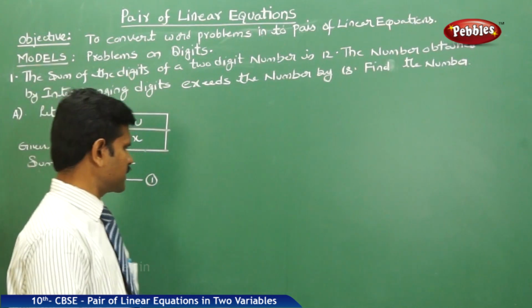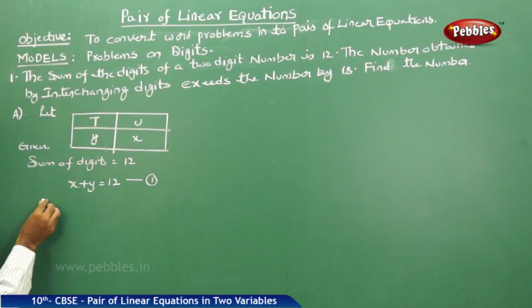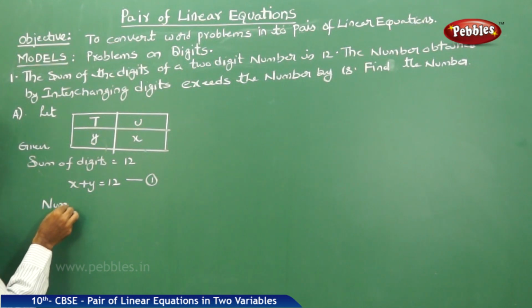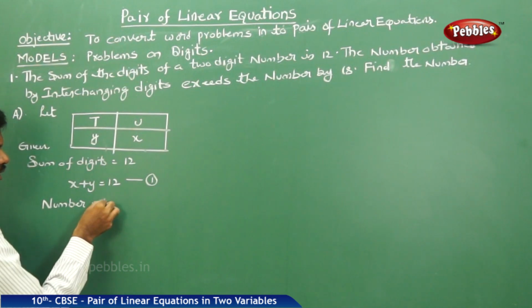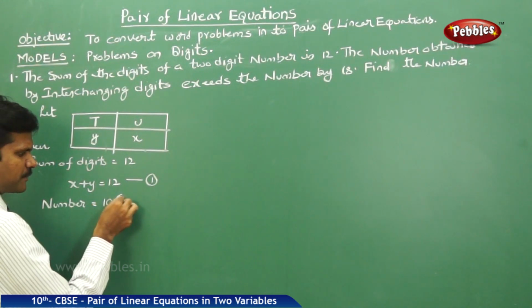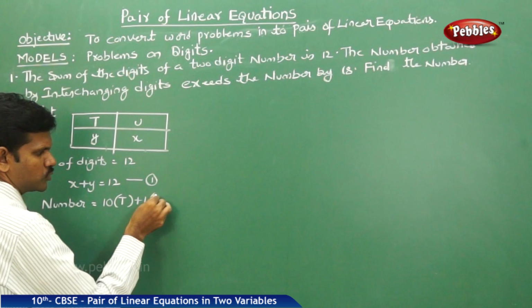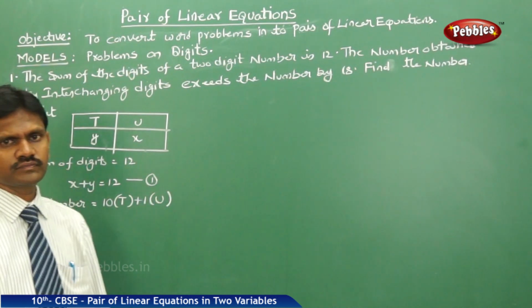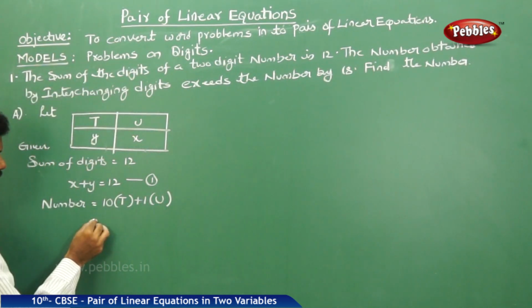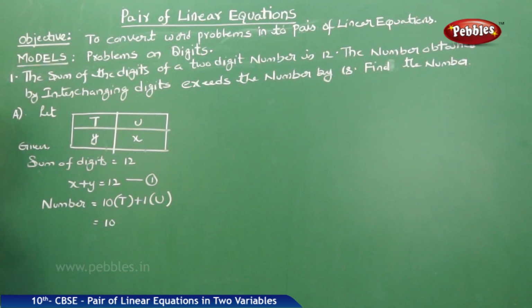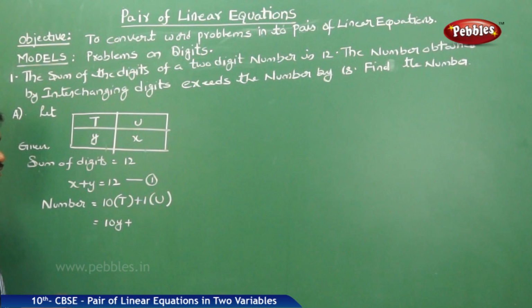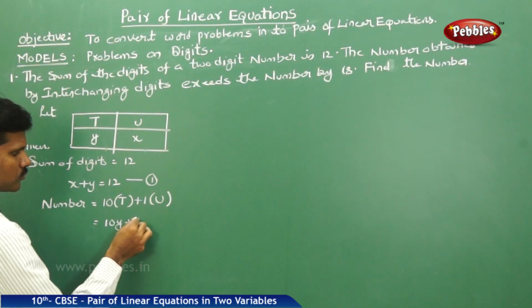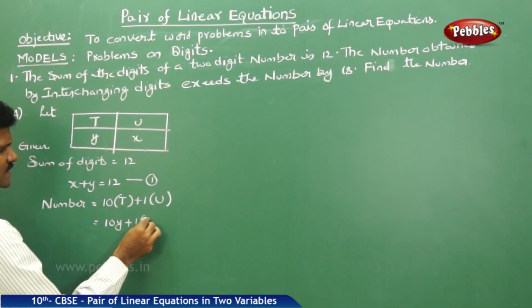After that, let us see how to find the number. The number is given by the formula 10 times the tens place plus 1 times the units place. That is 10 times the tens place, y, plus 1 times the units place, x.